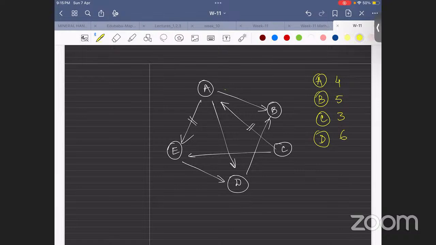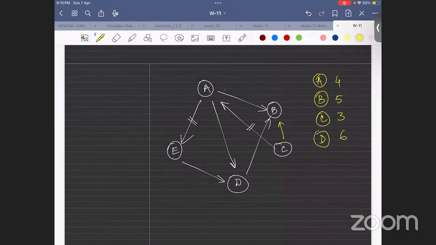Okay, I'll make it simple. Now tell me, can I do C to B? Yes, sir. That is one.